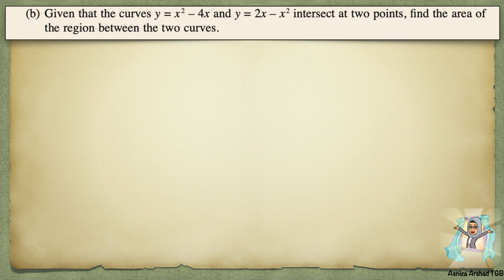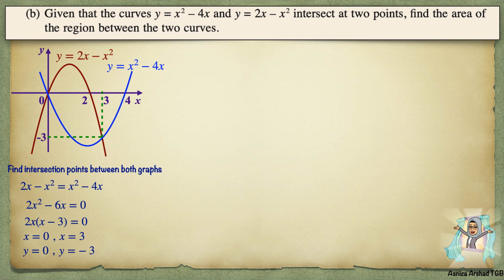So the values of x are 0 and 3. Next we find the values of y. So the intersection points will be (0, 0) and (3, -3). Now the region between the two curves will be the colored region.